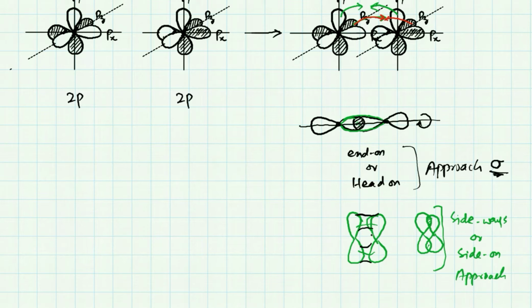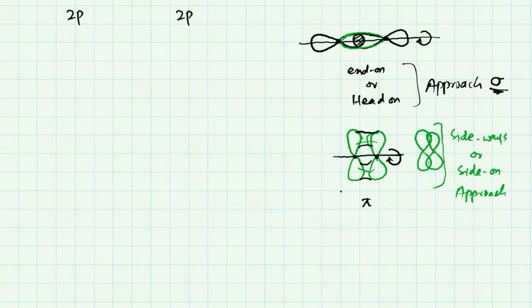So this electron density will be different when we rotate about the axis joining the nuclei of two atoms. This symmetry is called pi symmetry, and the bond formed will be a pi bond. Here a sigma bond and here a pi bond.